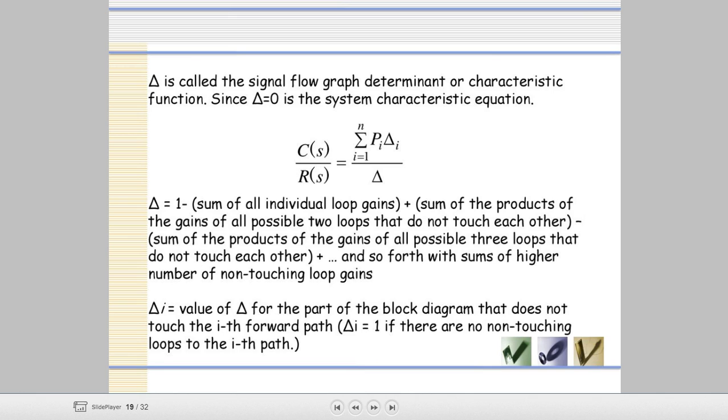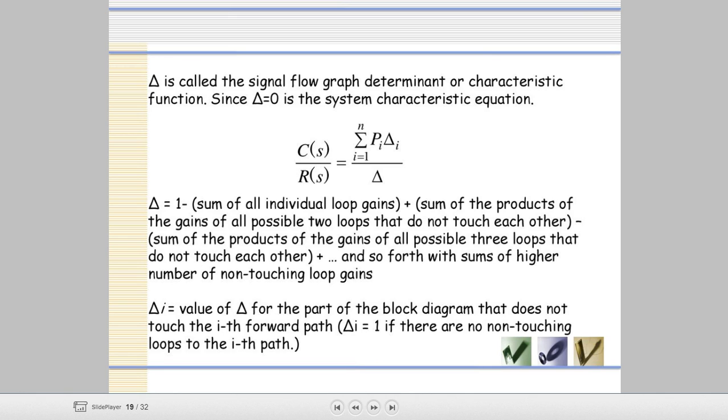Delta has the formula: 1 minus sum of all individual loop gains plus sum of products of the gains of all possible two loops that do not touch each other, minus sum of products of the gains of all possible three loops that do not touch each other, plus and so on, so forth with sums of higher numbers of non-touching loop gains. This is the formula for the delta.